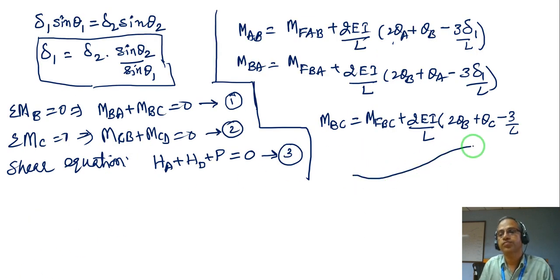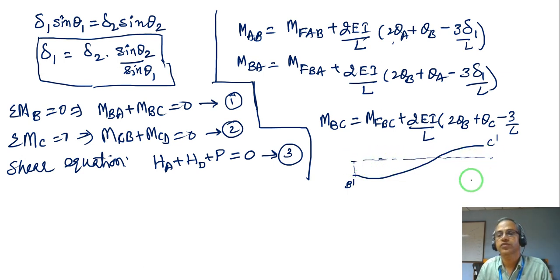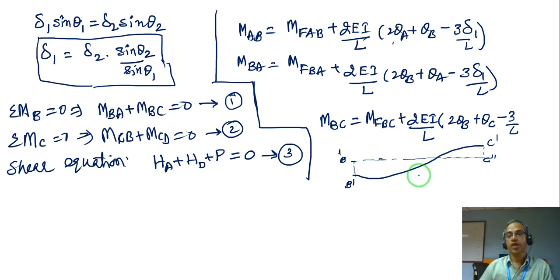Something like this: this is B dash, this is C dash. This is my reference point, and this is the difference point. This is originally B, originally C, double dash or B double dash. Now, with reference to B dash, how much has C dash gone up or down?